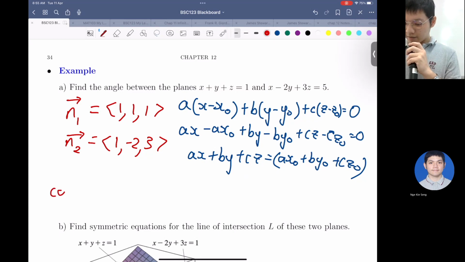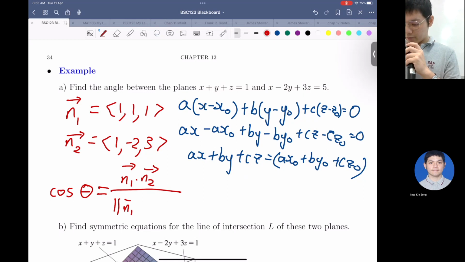How do you find the angle? So you just take the dot product between n1 and n2 and then compute the length. And then compute this number here, and then you find the theta.